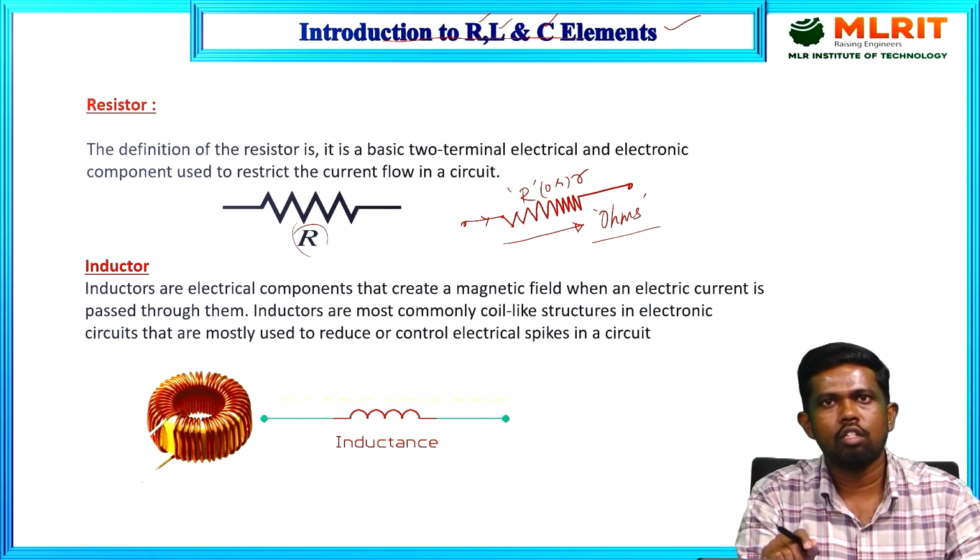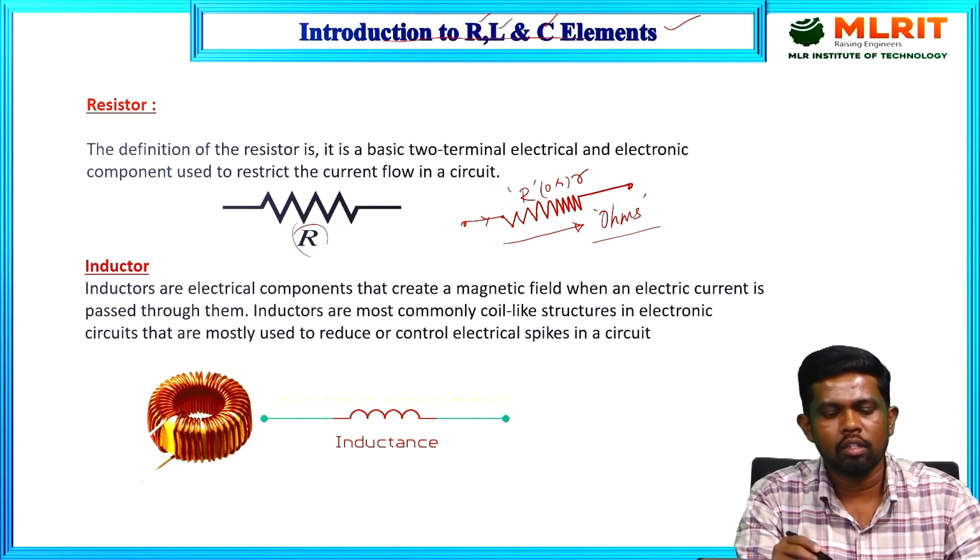The zigzag path flow of electrons is the representation of the resistance symbol, always represented by small r or capital R and measured in ohms.